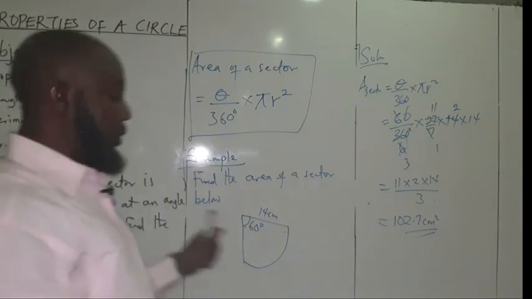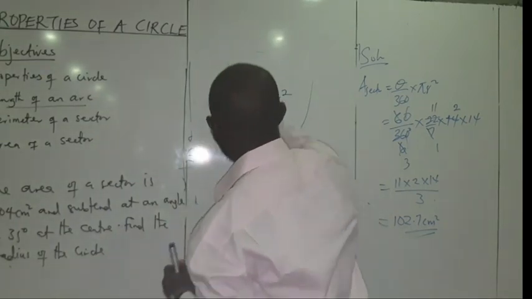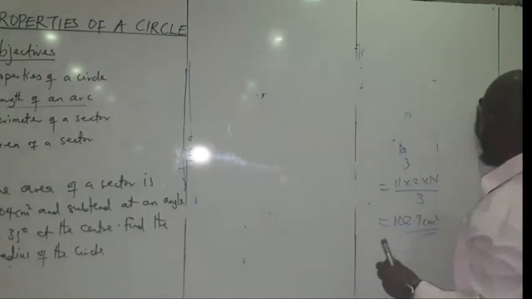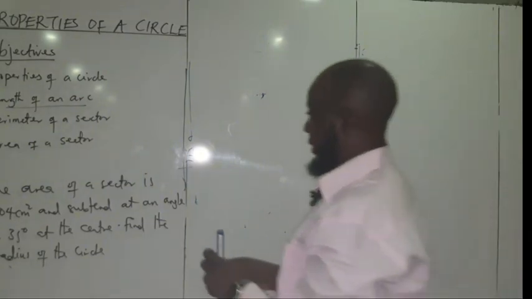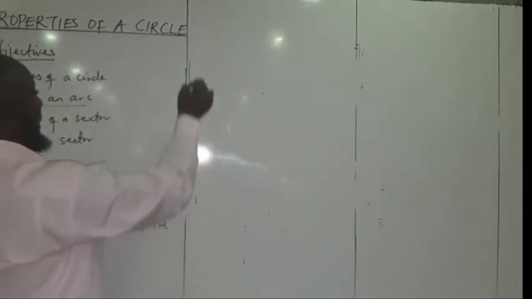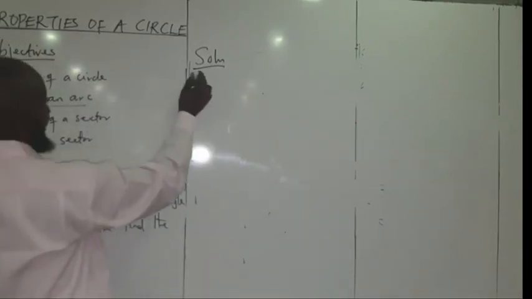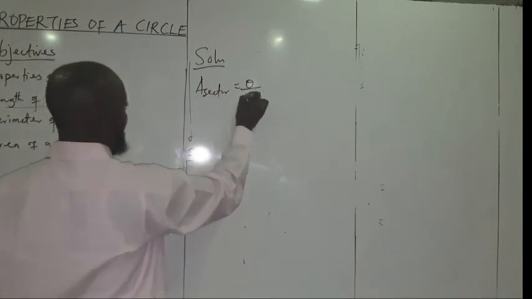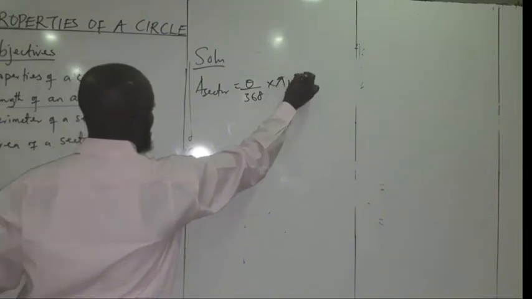So the same thing. It could be the angle that the sector subtends at the center that we are asked to find. So you're still going to follow the same process, as with the length of arc we just finished. In solving this, the area of sector is theta divided by 360 degrees times pi r squared.